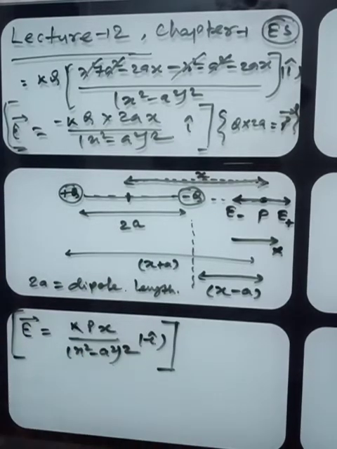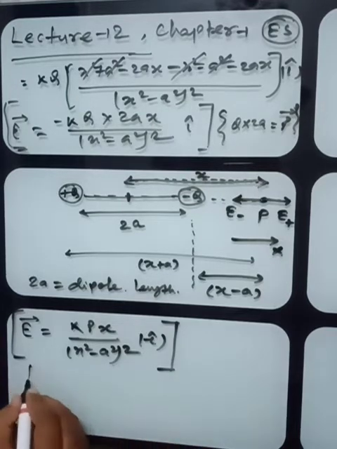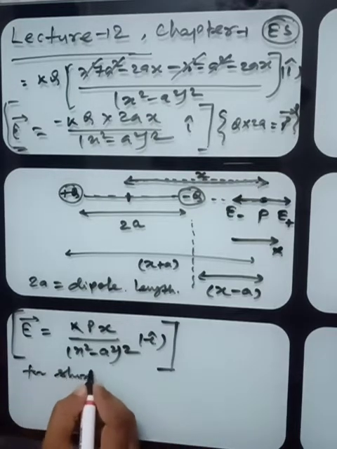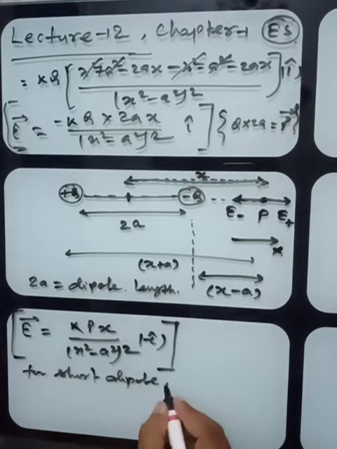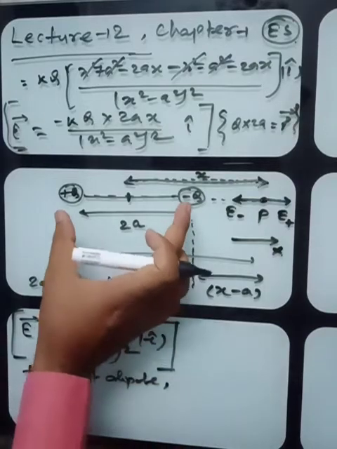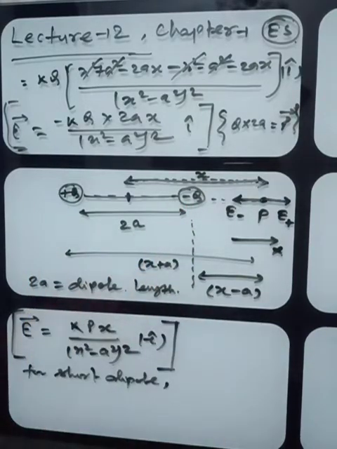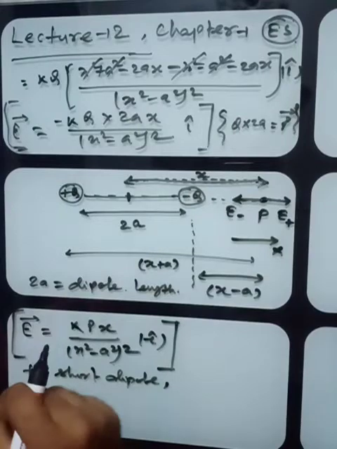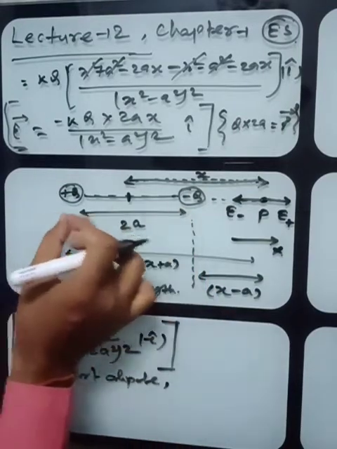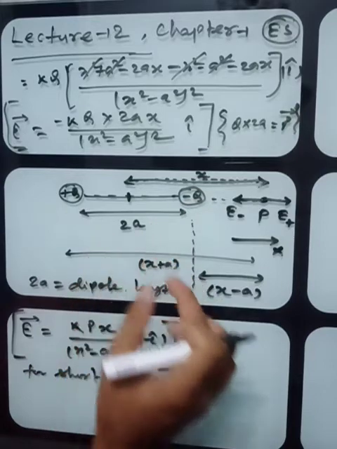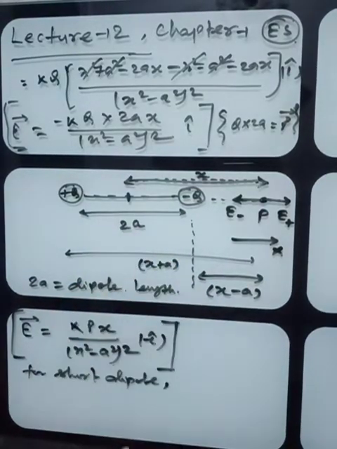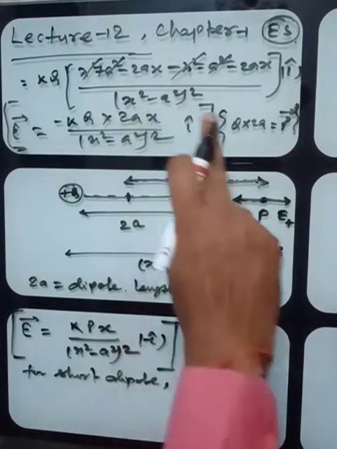Now if you are asked for the simplified case for a short dipole, that is, if this dipole is very small, as we know the charges in a dipole are separated by a very small distance, so a is very much less than x, which is the observation length.